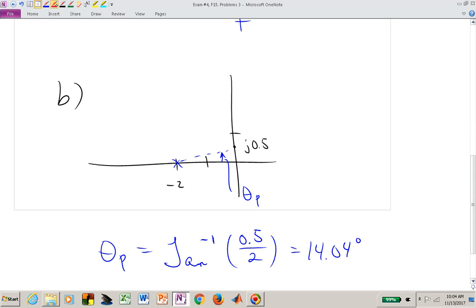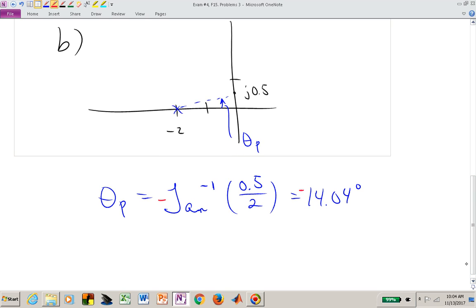And because it's a pole, we assign that a negative angle. So the angle associated with that pole at s equal to minus 2 at a value of j0.5 would be computed this way: a vertical displacement of 1/2, a horizontal distance of 2, and because it's a pole, it's going to have a negative angle. We're subtracting all of those phases that are associated with poles.